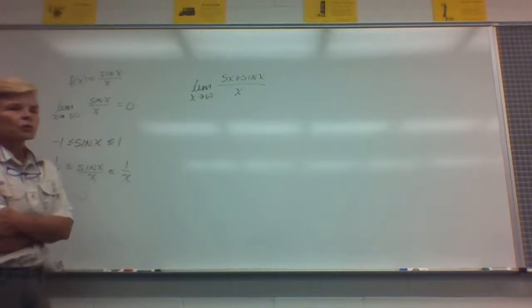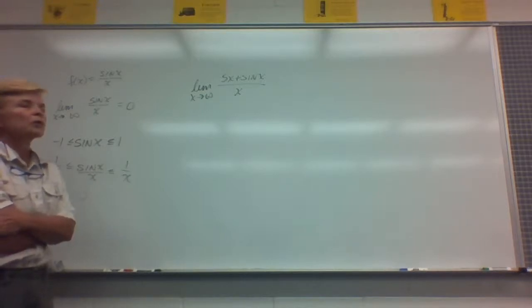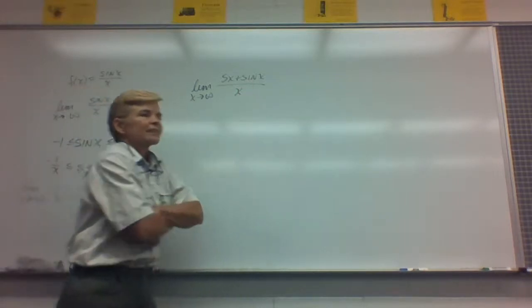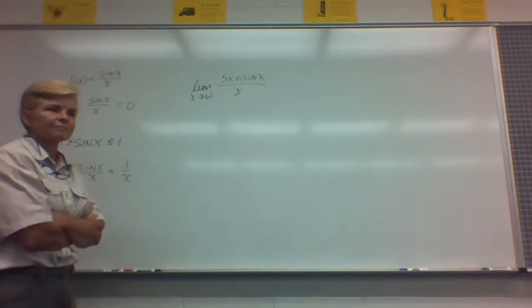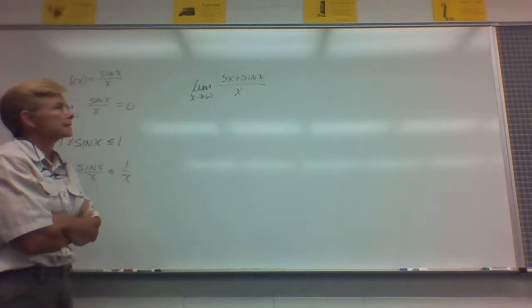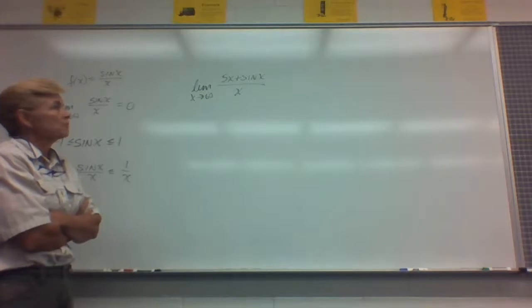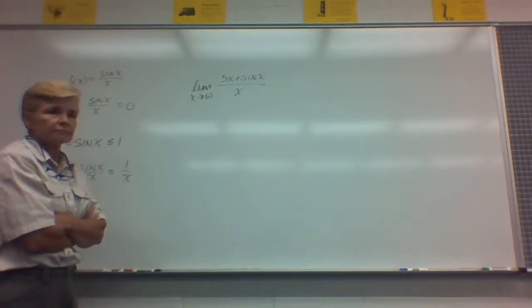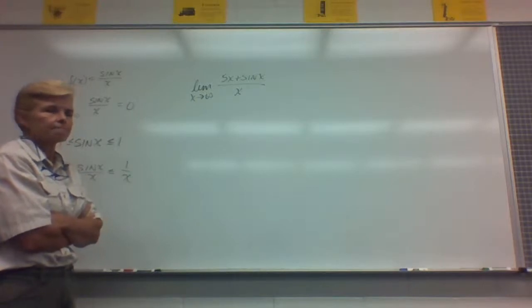That sine x is always trapped between what? -1 and 1. So that sine x will either be positive or negative, but it won't be very big. Which means as x gets really large, this value right here has less and less of a contributing factor. It doesn't contribute much. So it feels to me like it's going to approach 5x over x, which is 5. Feels like the limit ought to be 5.